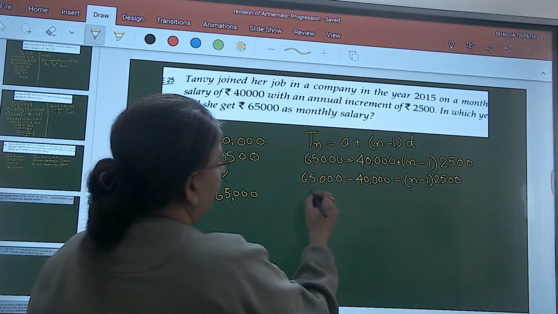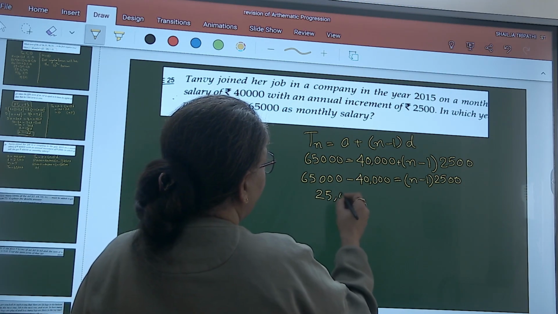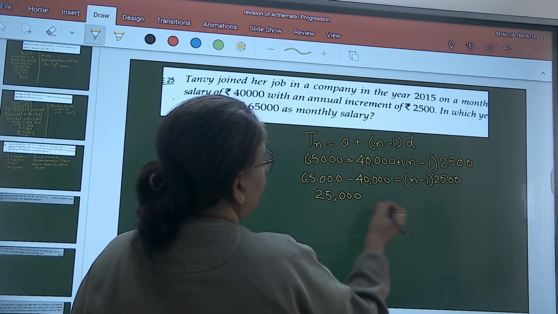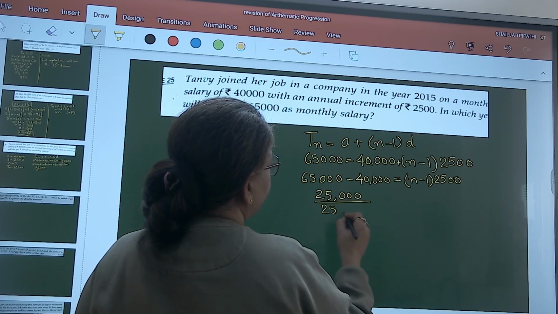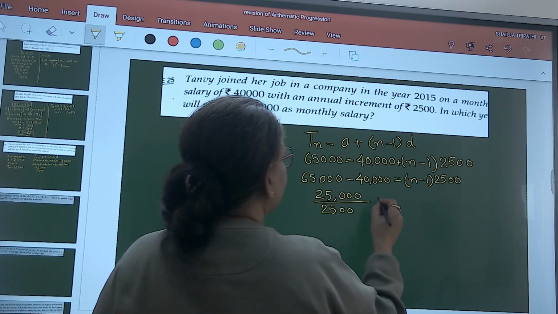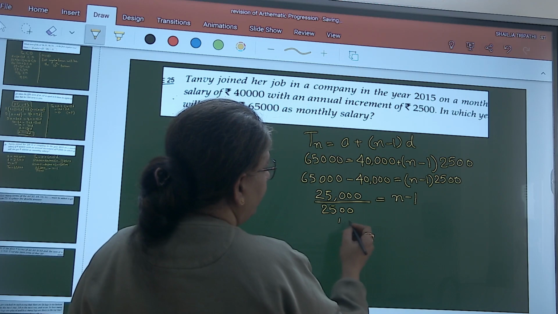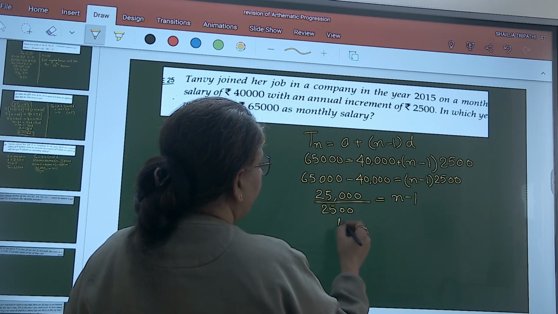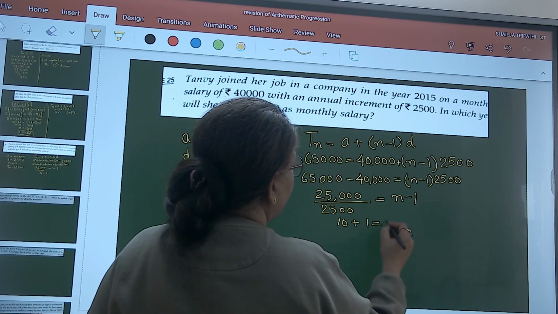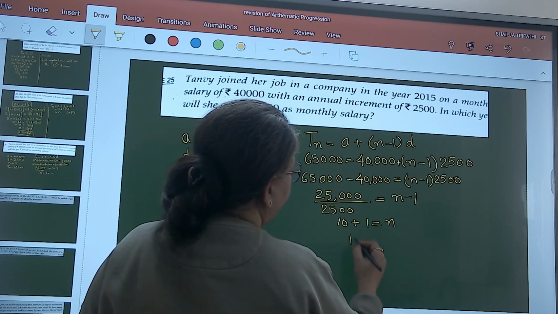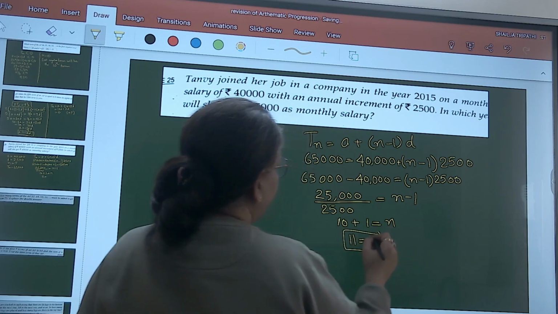See what we get here: 25,000 divided by 2,500, and we get the value n minus 1. So here you get 10 plus 1 is equal to n. That is, after 11 years, her salary will be 65,000.